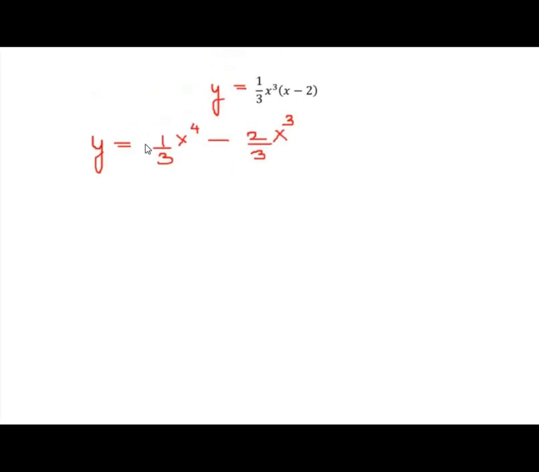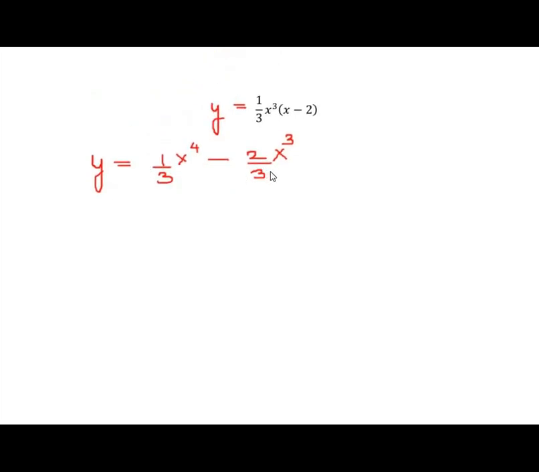Now we have to start the differentiation of these terms. So we have y dash equals 1 over 3. As we know, the power comes down, 4, and the power of x is reduced by 1. Same thing we have to do for the next term, minus 2 over 3. The power comes down and x's power is reduced by 1 again.